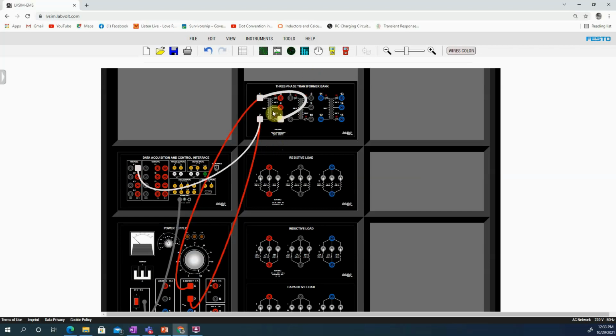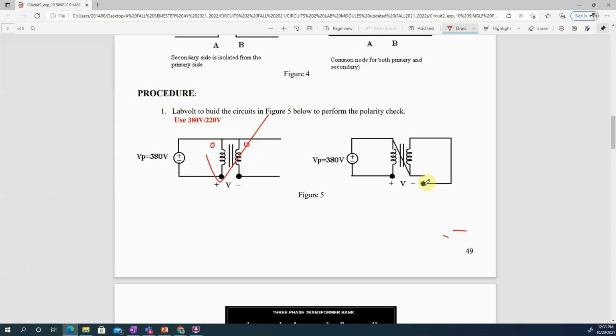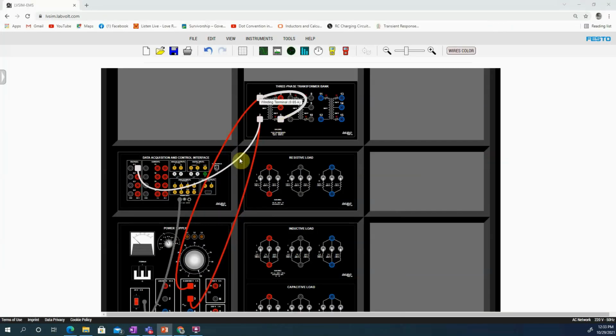I had to connect the downside here from the lab module. From here at the bottom, I have to connect here. So from here now I have ES here, and the other one must be connected here, right? Okay. Now let us try to simulate now.